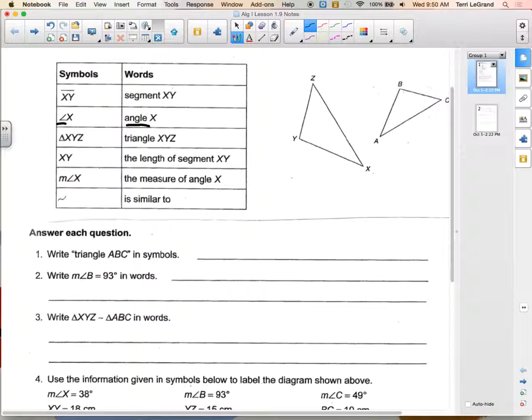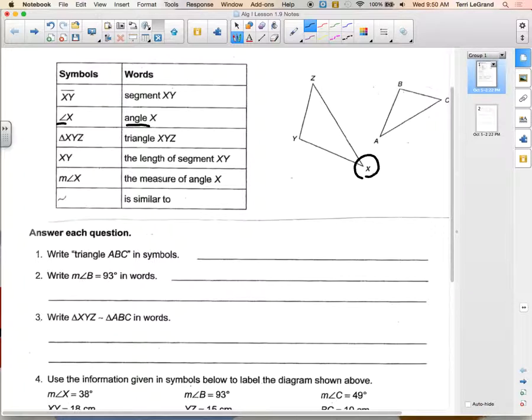What is this called right here where X is at? What is it, Manisha? Vertex. Yeah, it's a vertex. And when we talk about plural, we don't say vertexes, we say vertices. Vertices, okay? So we name the points that are at the vertices of the triangle when we're naming the triangle.